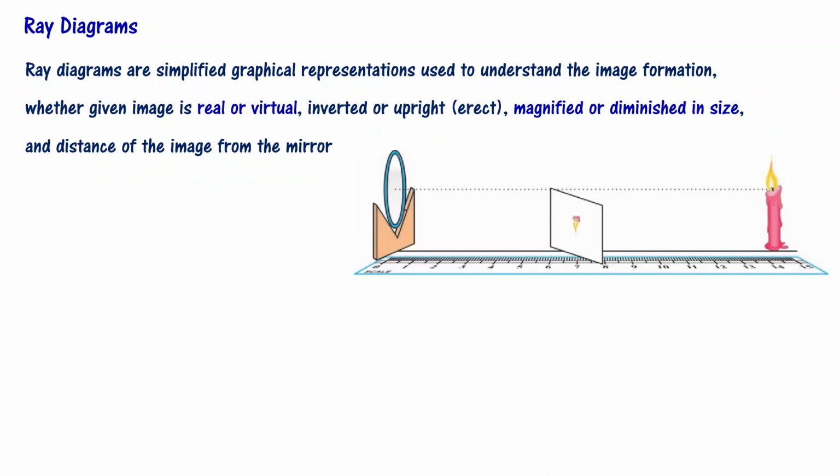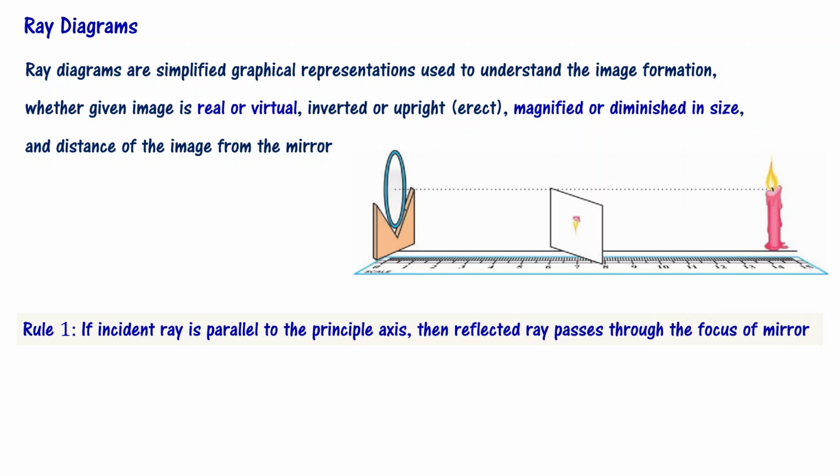Okay. And in the previous video, we have learned about 3 rules to draw specific rays and how their reflected rays are going to be. Okay, what are those 3 rules? Rule number 1, it says that if incident ray is parallel to the principal axis, then the reflected ray is going to pass through the focus of the mirror. Please remember this.